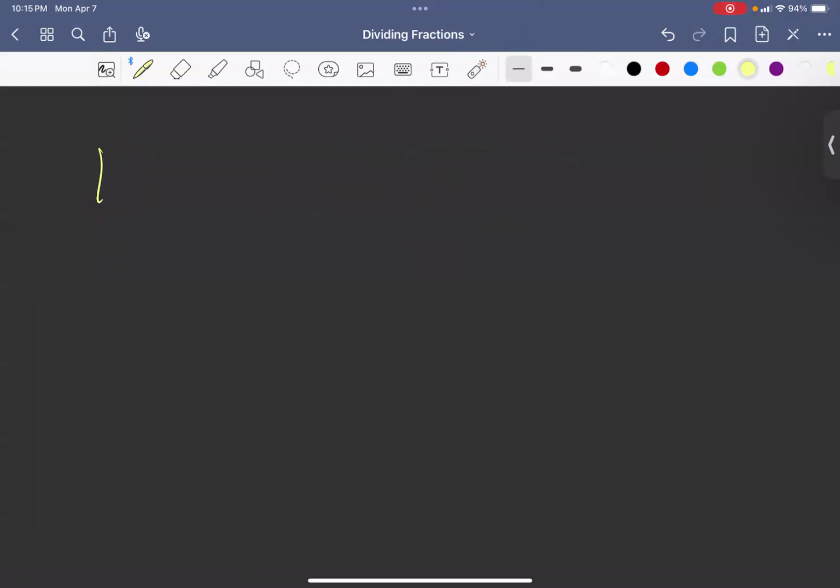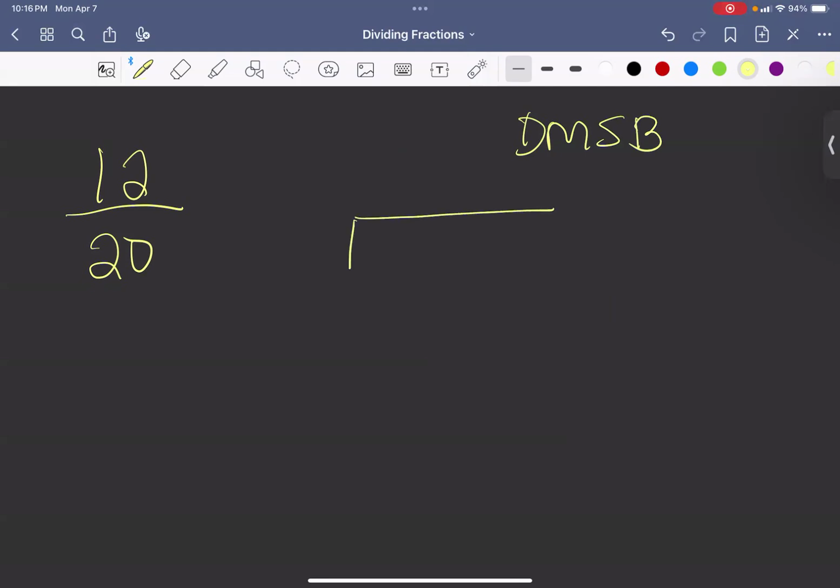Now 12 over 20. Divide, multiply, subtract, bring down. The number on top goes in the divide box, 20 on the outside.